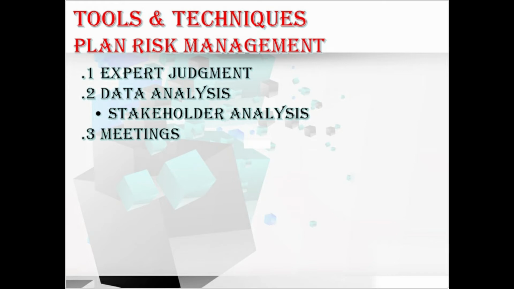Third, tailoring the risk management to the specific needs of the project. And finally, they should have knowledge of the types of risk that are likely to be encountered on projects in the same area. Okay, hope you understood the first technique of Plan Risk Management.